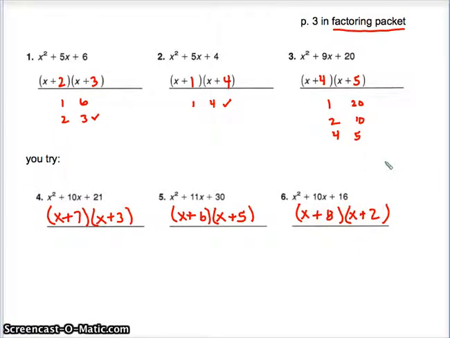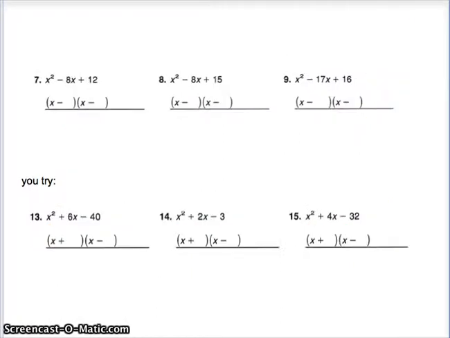All right, hopefully you're starting to feel comfortable when we have all plus signs, because we're going to change it up just a little bit now. When I throw in the negative sign in the middle, I've got to be a lot more careful about my signs. All right, so the same idea applies. I'm looking for factors of the constant that add up to be the middle term.